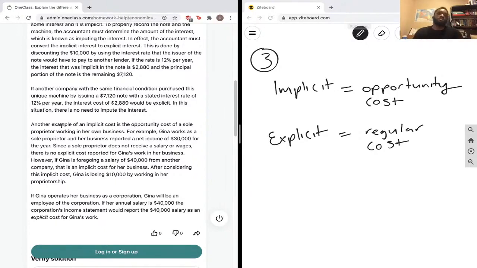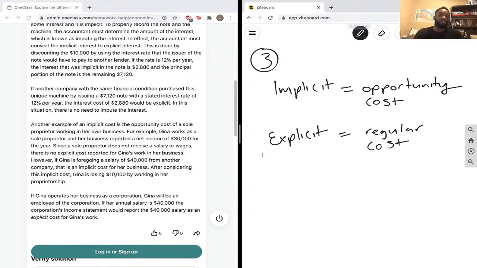So if Gina was working in her own business, her implicit cost would be whatever she could have done instead of working for her own business. So if she worked for a corporation, that $40,000 would be reported as the implicit cost. So basically, the implicit cost is just the opportunity cost.